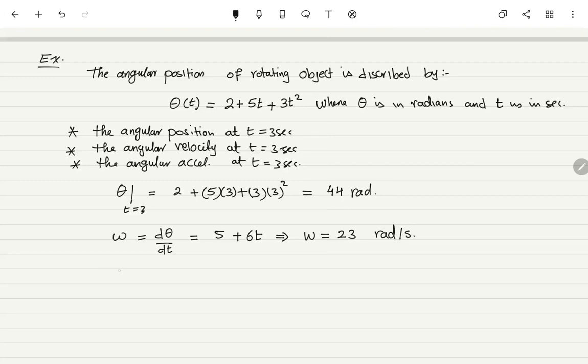And the last one, alpha equal to d omega by dt. You just derive one more time, and it's equal to 6. So alpha, when t equal to 3 seconds, is constant, equal to 6 rad per second square.